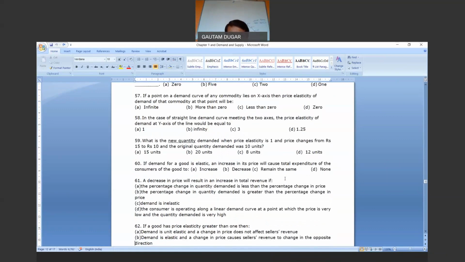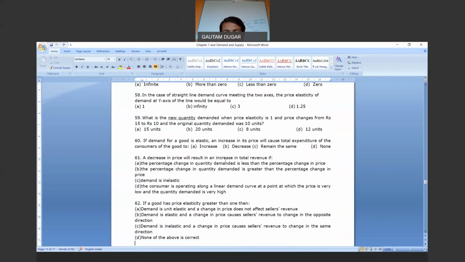59. What is the new quantity demanded when price elasticity is 1 and the price changes from rupees 15 to rupees 10 and the original quantity demanded was 10 units?